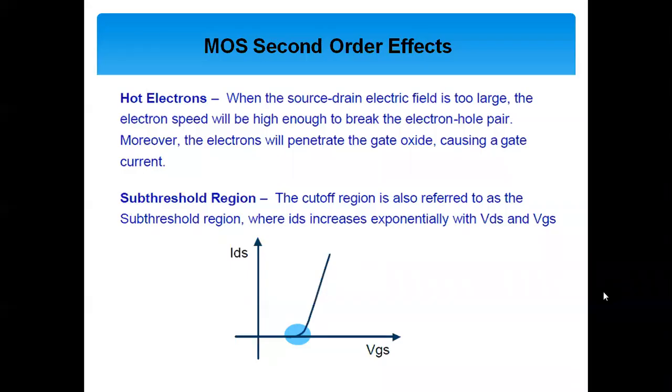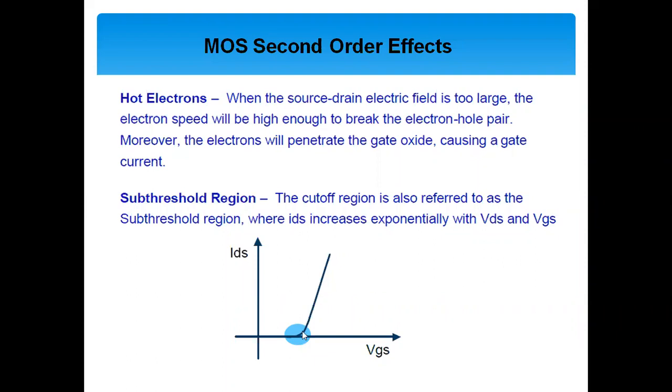Okay, concentrate here. See, the subthreshold region is nothing but the cutoff region. The IDS increases exponentially with VGS. So what happens at the juncture where the IDS starts increasing? It is not a linear increase; it will increase exponentially.